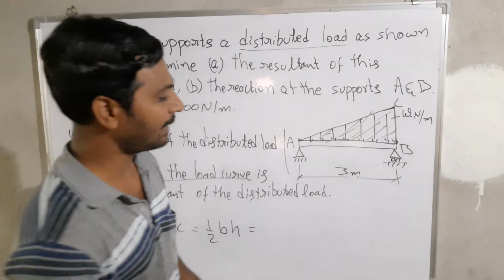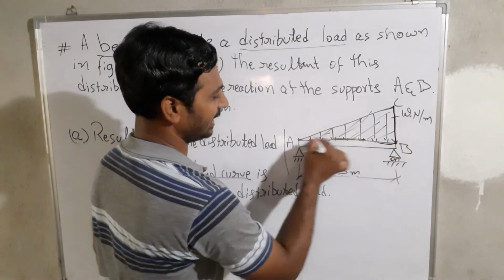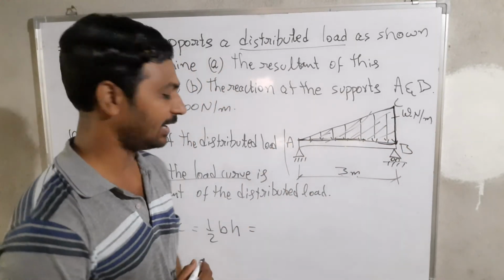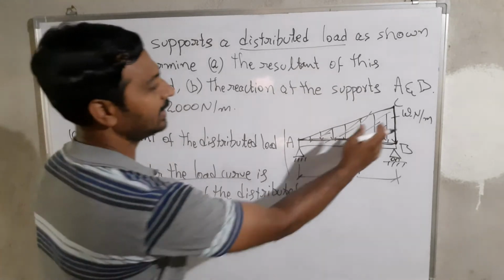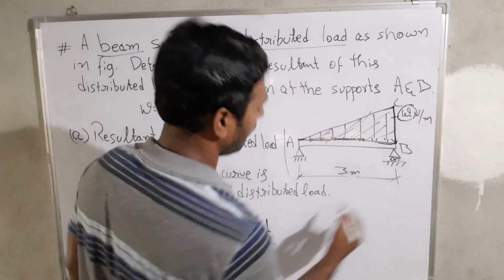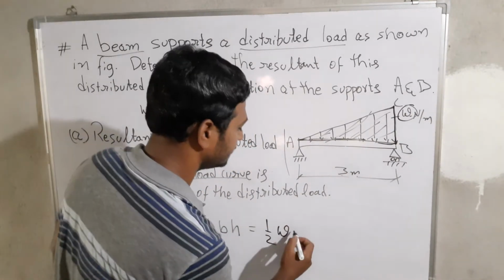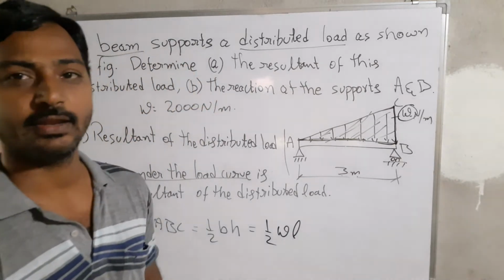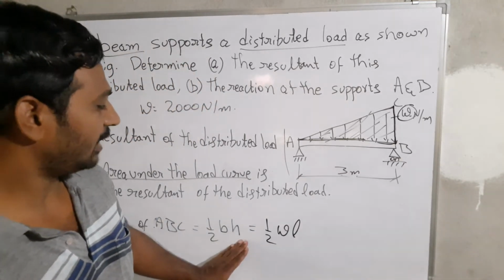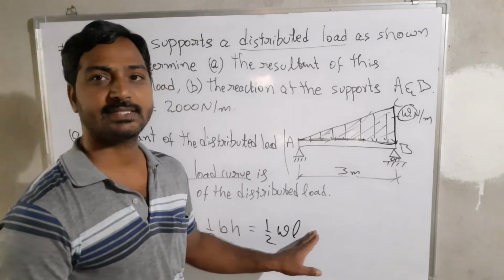But in this case, it exists in terms of the load as well as the length, a combination of both. So I take half, and here for the base I take the length of the beam, and for the height, the load W that is acting. So the geometrical properties of the triangle are converted into load and length parameters.